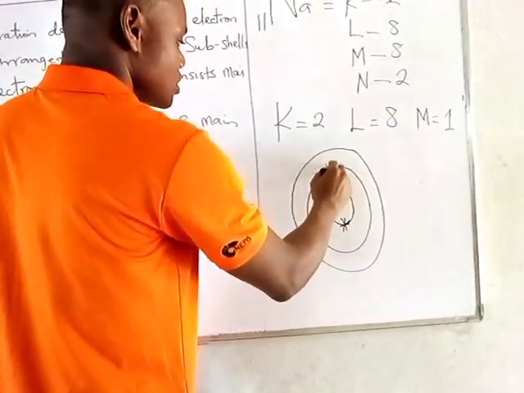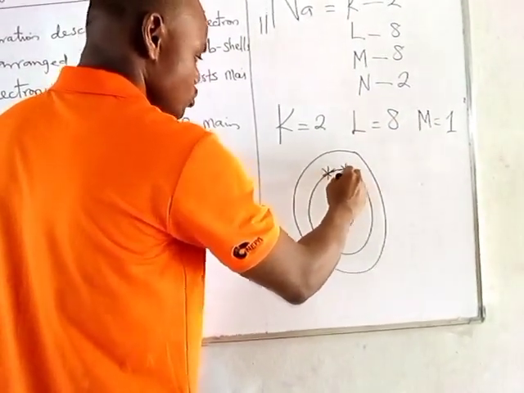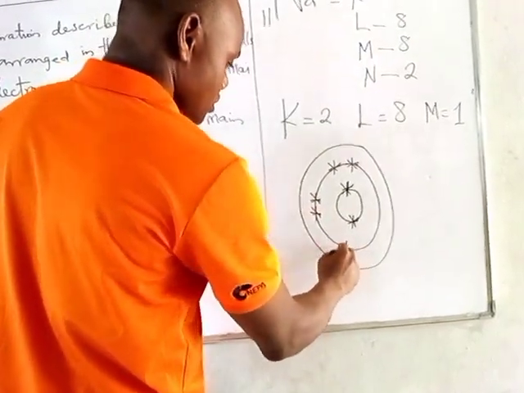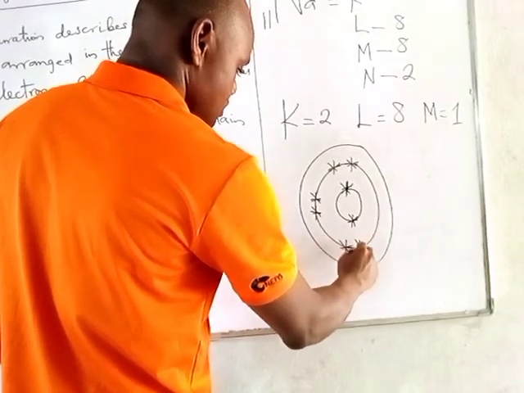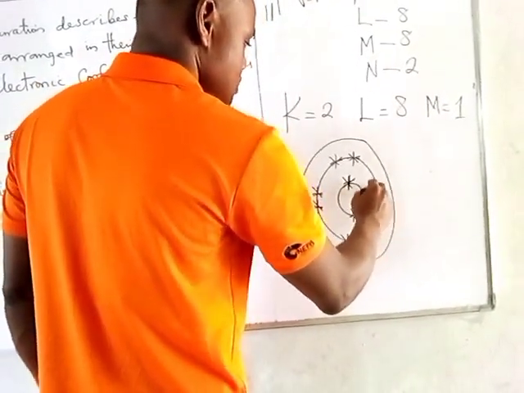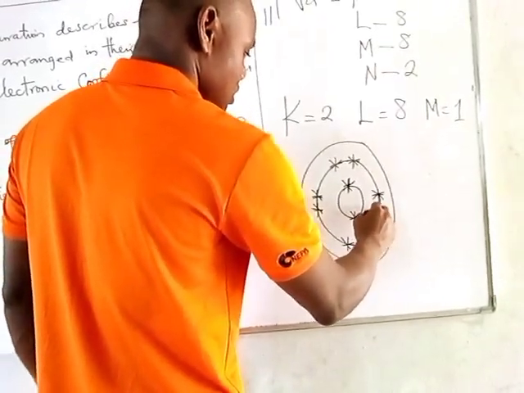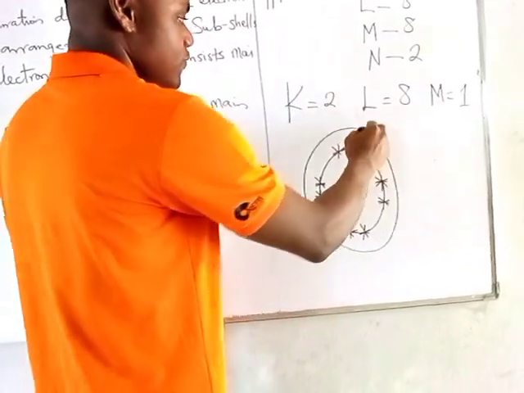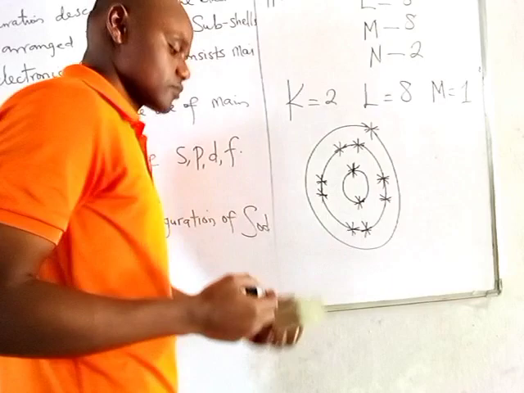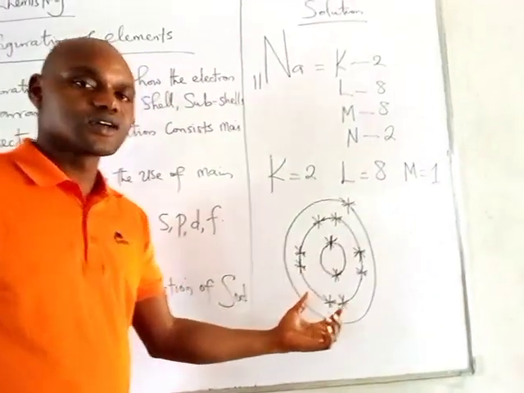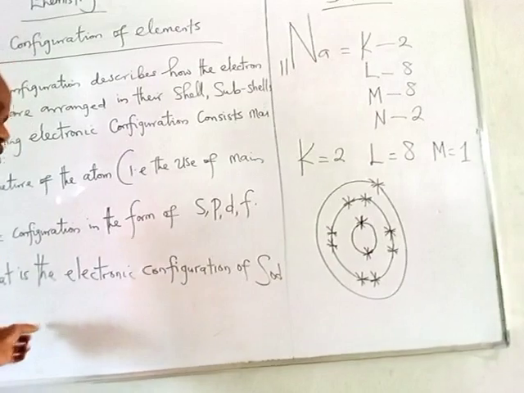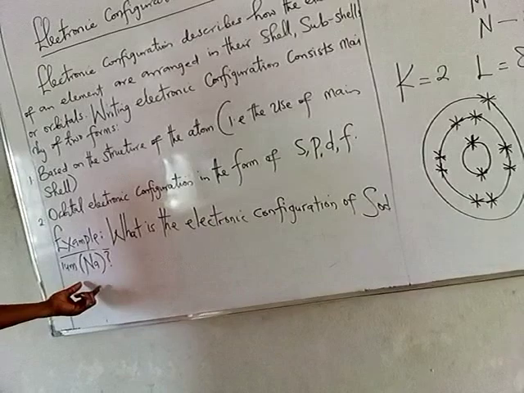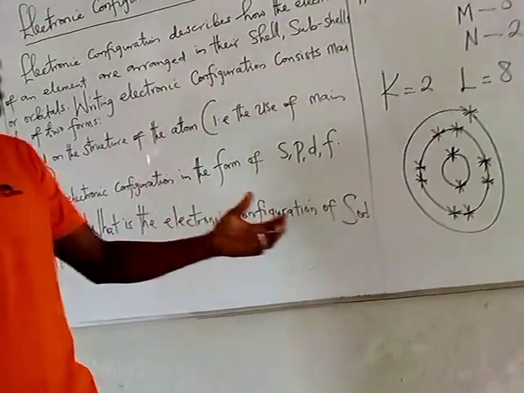So it's going to be 1, 2, 3, 4, 5, 6, 7, and finally 8. Then for the last shell, which is the M shell, we have just 1 electron. You can fix that anywhere of your choice. So with this, we have put an answer to this question. What is the electronic configuration of sodium? So the answer to this is what we are seeing on the board.